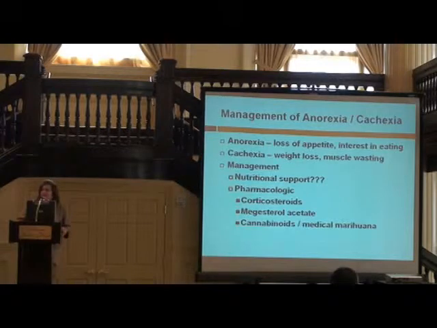There is fairly limited benefit in AIDS patients when it comes to anorexia and cachexia, especially when you look at weight gain. So it is another alternative if the patient can't take Megace, something that you could try.